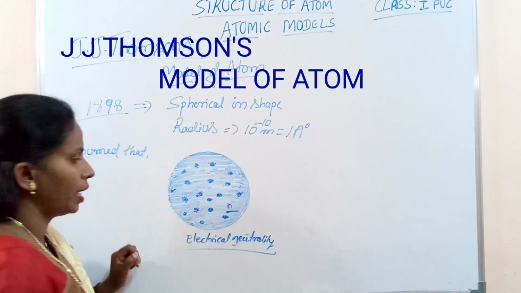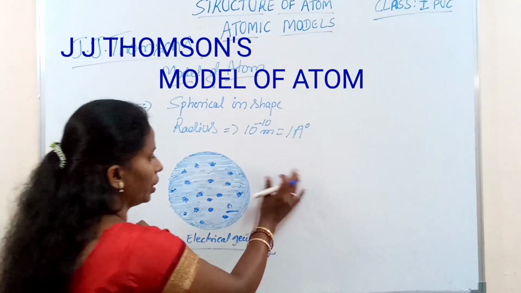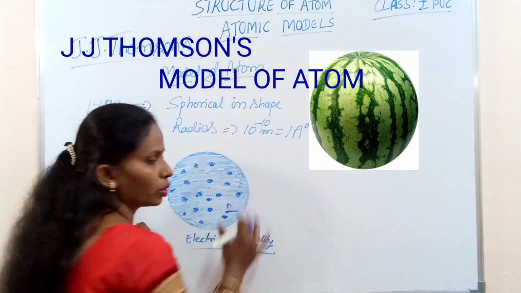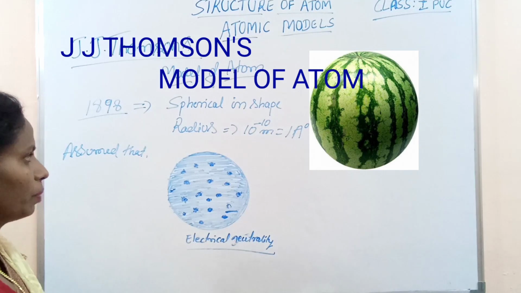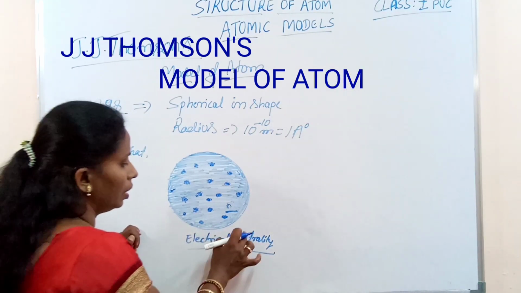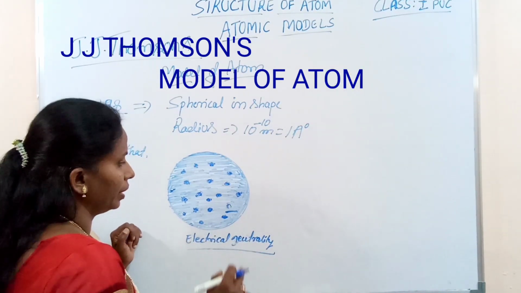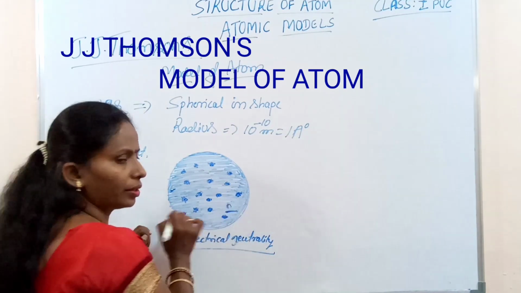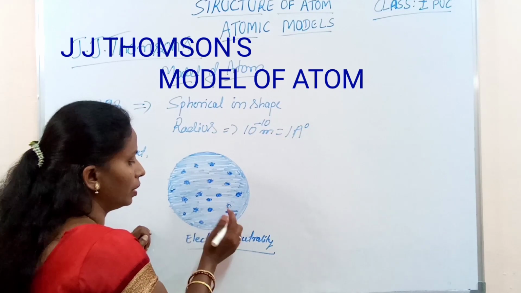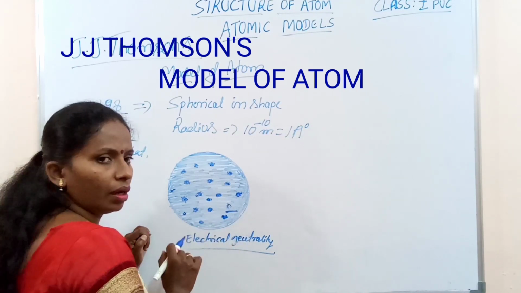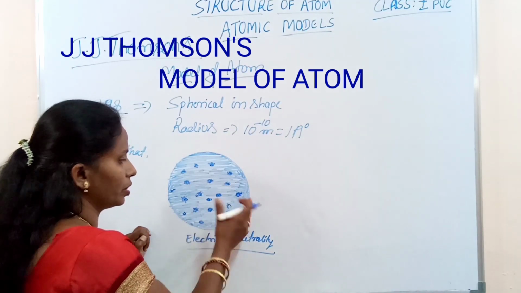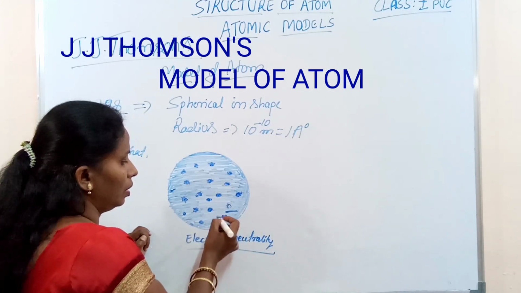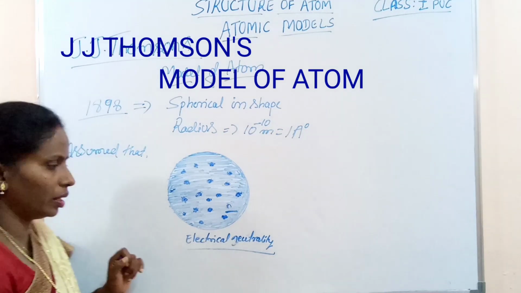And also if we take payasam, the dry fruits are compared to electrons and the rava part is compared to the mass, so this is called raisin pudding or plum pudding, and this is the watermelon atomic model.